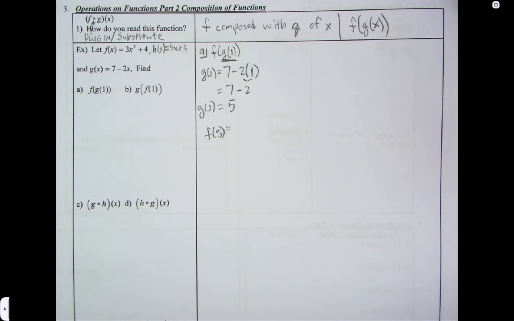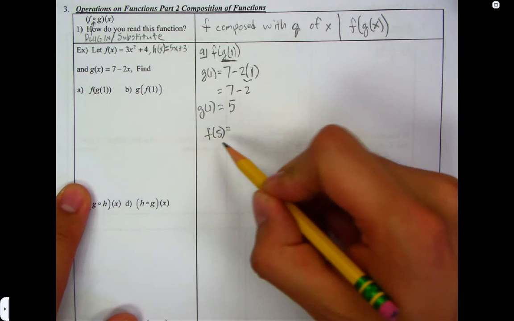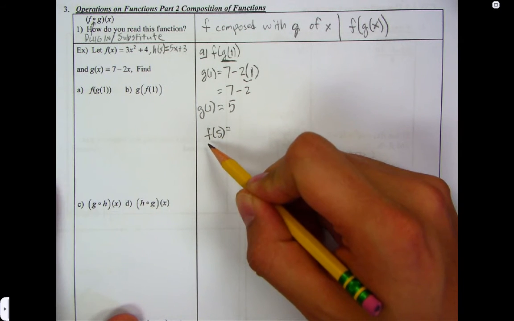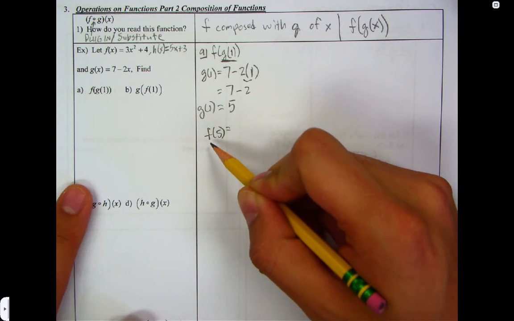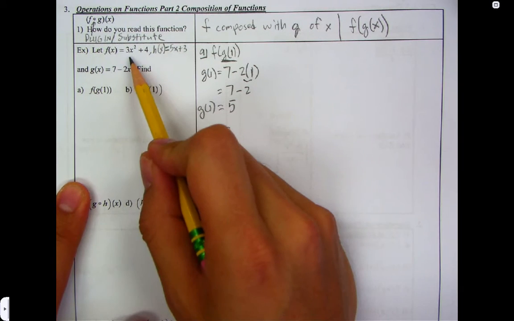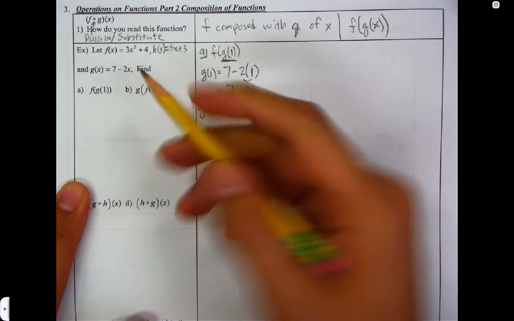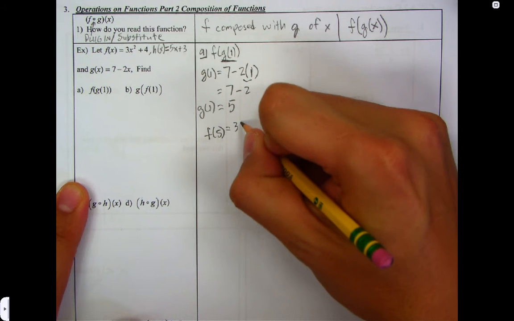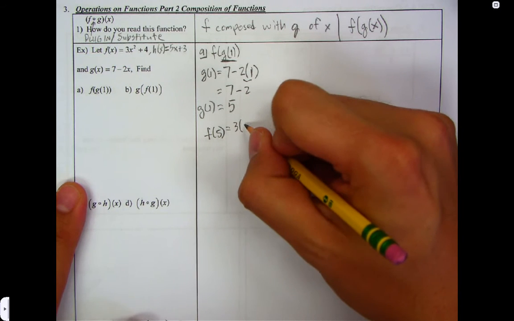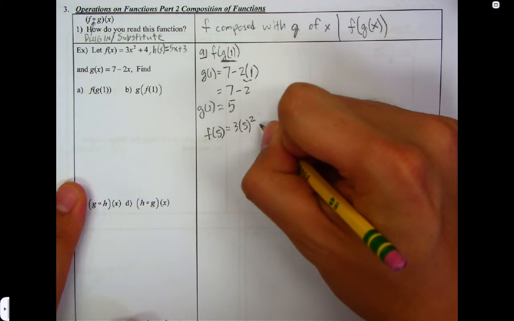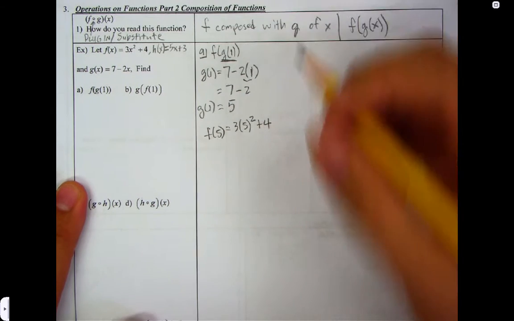So now I'm going to substitute or plug in 5 for the x of f. I go find f of x right here, and I plug in 5 right there. So 3, and I plug in 5 for the x, squared plus 4.